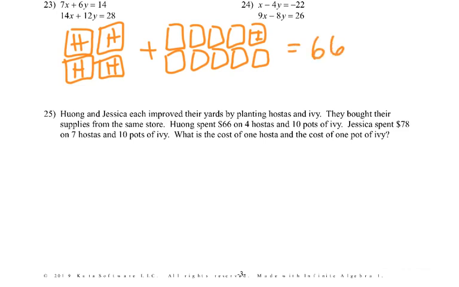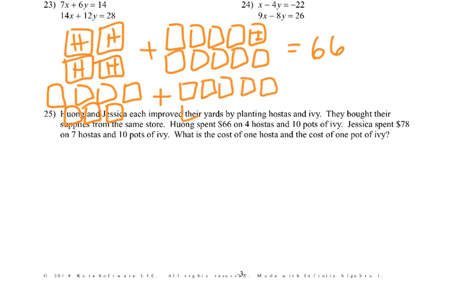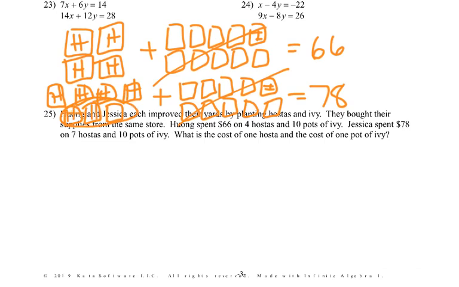And then Jessica had 7 and 10. And that was 78. So, kind of like that elimination, we can think, okay, they have the same amount of ivy, right? So the ivy is not going to make the difference. What's going to make the difference is the 3 hostas here.